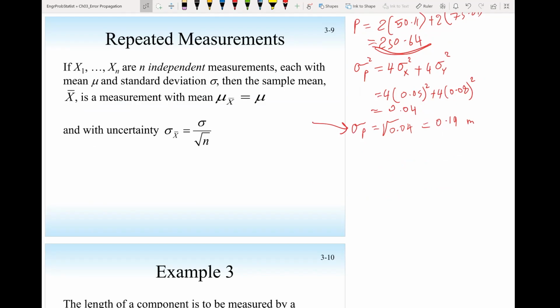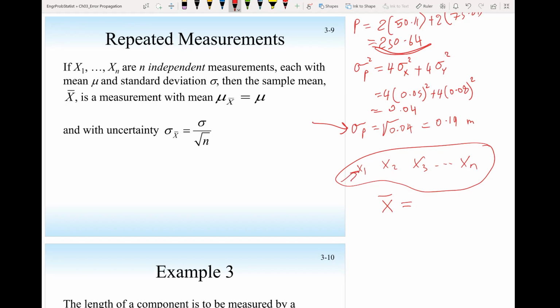All right, repeated measurement. The advantage of repeated measurement is you can give a better estimate of the parameter with a smaller precision error, or a smaller random error. So you have an amplifier and you want to measure the amplification. You make many measurements, x1, x2, x3, all the way to xn, and then you estimate the mean, the average amplification, by averaging all these x1 to xn.